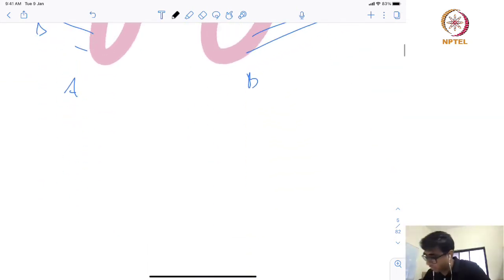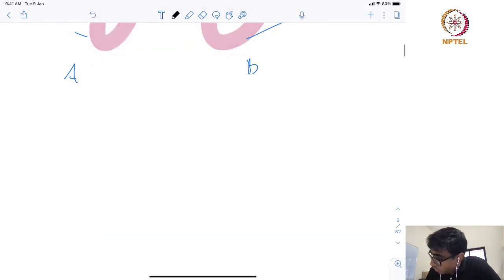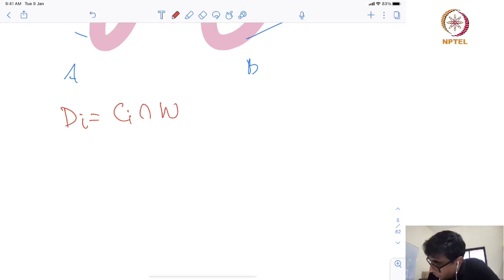And last time we saw that, look at these patches, what we called it. So we called it W, we call these patches, let's call it, this is also overly used notation, let's call it I, okay. Let's call it DI is CI intersection W, okay.